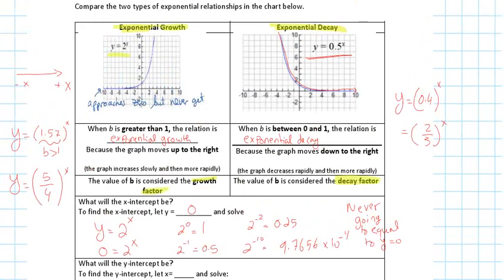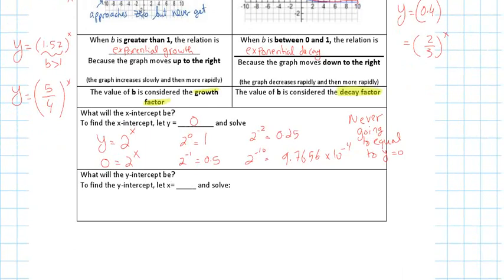It's going to approach 0 but will never get to 0. So I don't have any x-intercept. Does that make sense to you guys? So I should put there will never be an x-intercept.